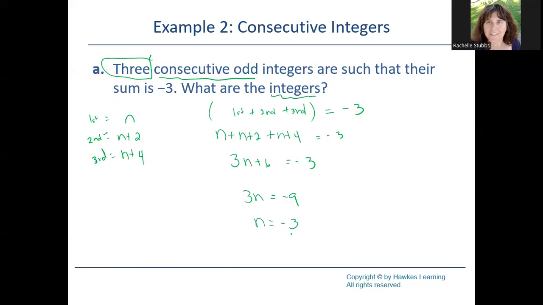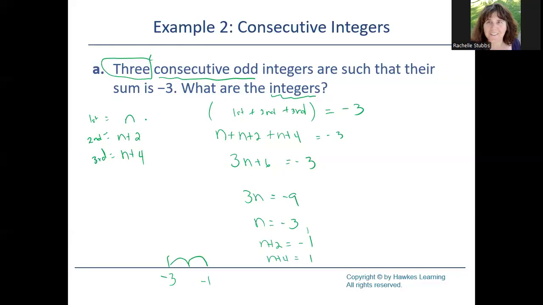Is -3 odd? Yes. What would be the next one on a number line? -3, hop 2. I'm actually at a -1. Don't ever go to the left with these. You always go to the right, okay? So my n plus 2 would equal a -1, and my n plus 4 would equal 1.